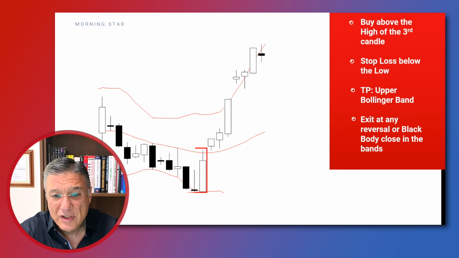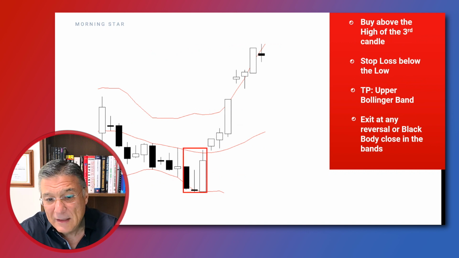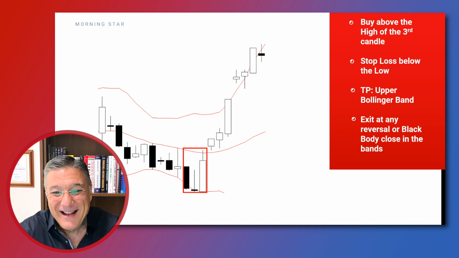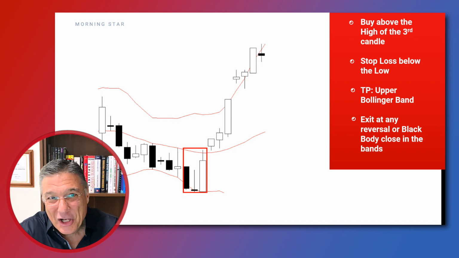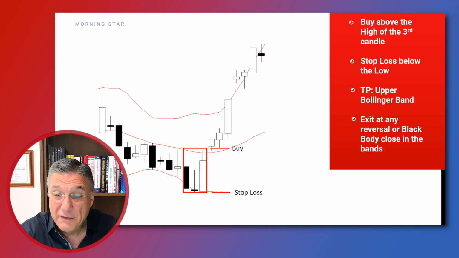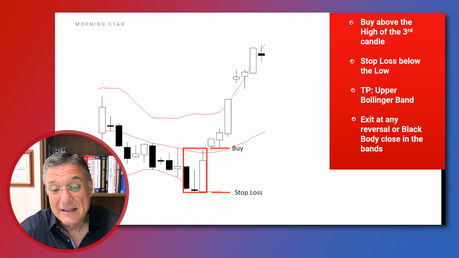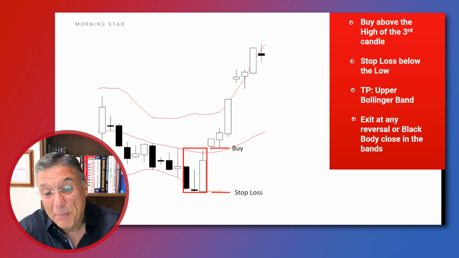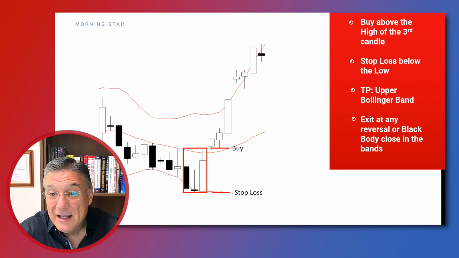Once again, using the Bollinger Bands, we identify the morning star near the lower band, and we place a buy order right above the high price of the third candle. In this case it is the high price of the pattern. It coincides. And a protective stop loss right below the low price of the pattern.